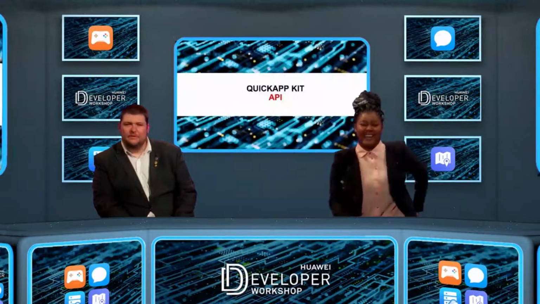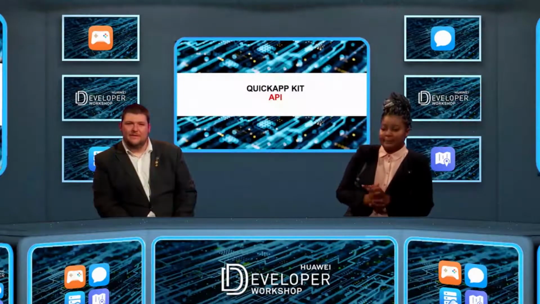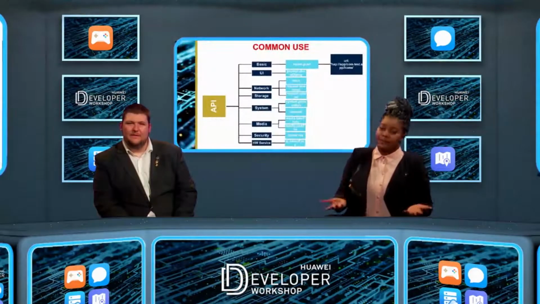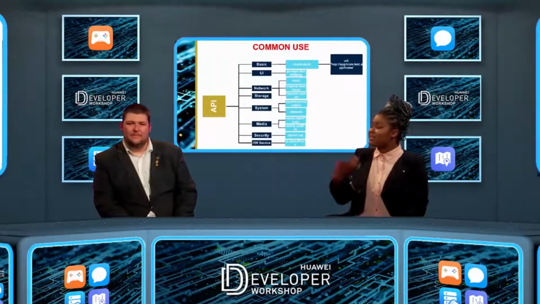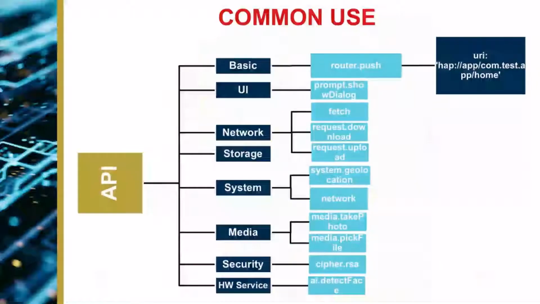Now, moving on to the API. You've got different types of APIs which are available to you as a developer. You have basic ones such as your router, which allows you to route users to different pages, and your UI, with which you can prompt your user. Then, of course, your network APIs, which allow you to request to download or upload to your server or even to your cloud.